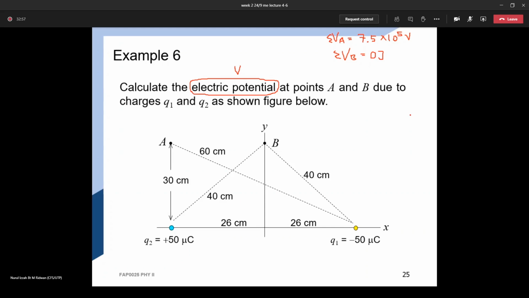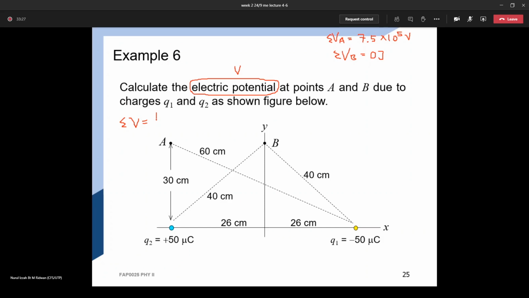So actually what we should do, let's look at point A. Point A is asking you to find the electric potential at point A due to charge 2 and charge 1. Charge 1 is negative, charge 2 is positive. So how do you write your summation of V? Since you have two charges, you just add the potential from charge 1 and the potential of charge 2.